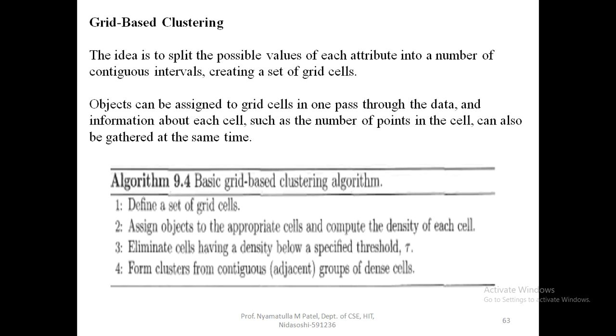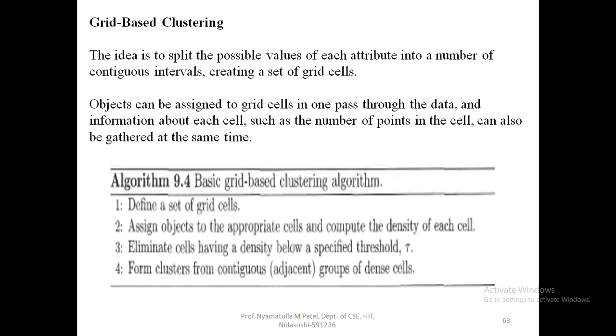For every cell we define a threshold value, that every grid cell should have this much density. The third step is to eliminate the cells having density below the specified threshold.